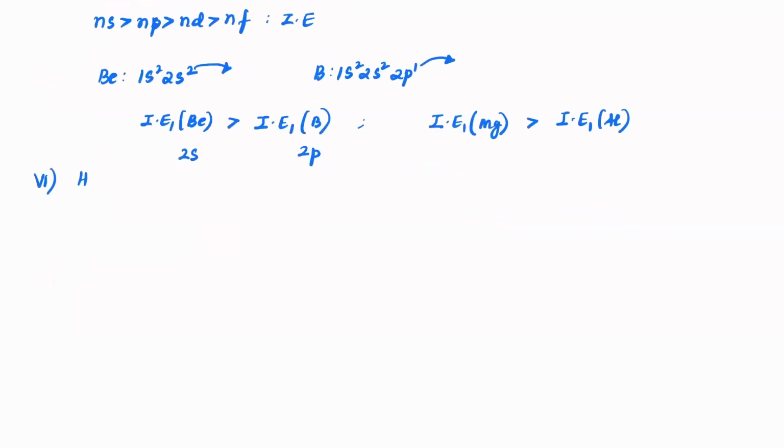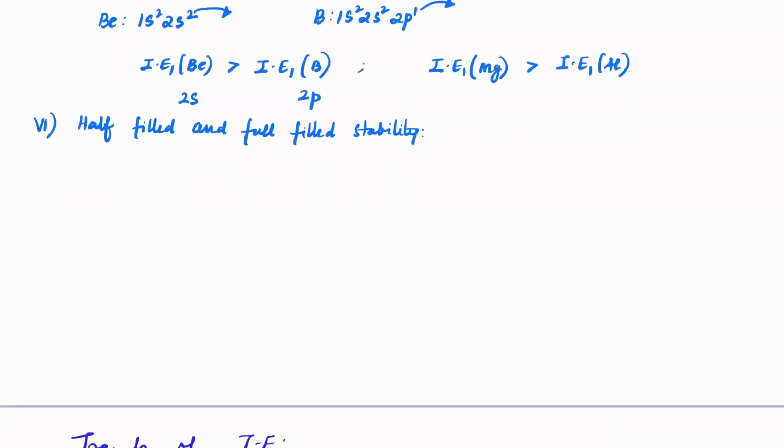The next case is about half-filled and fully filled stability. If you have nitrogen, for example, I have 1s2, 2s2, and 2p3.